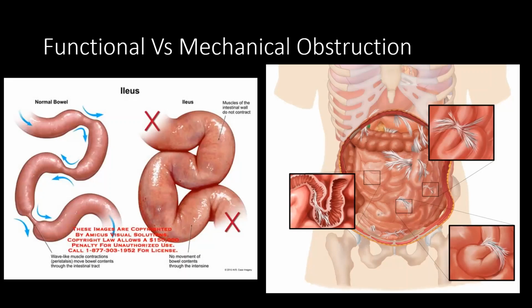The most common electrolyte imbalance causing this functional obstruction is hypokalemia, the decrease in potassium levels. That's why this is a very important surgical cause of ileus. So this is the functional generalized ileus. All the bowel is not moving, regardless of whether it's small bowel or large bowel. This is called ileus, okay?